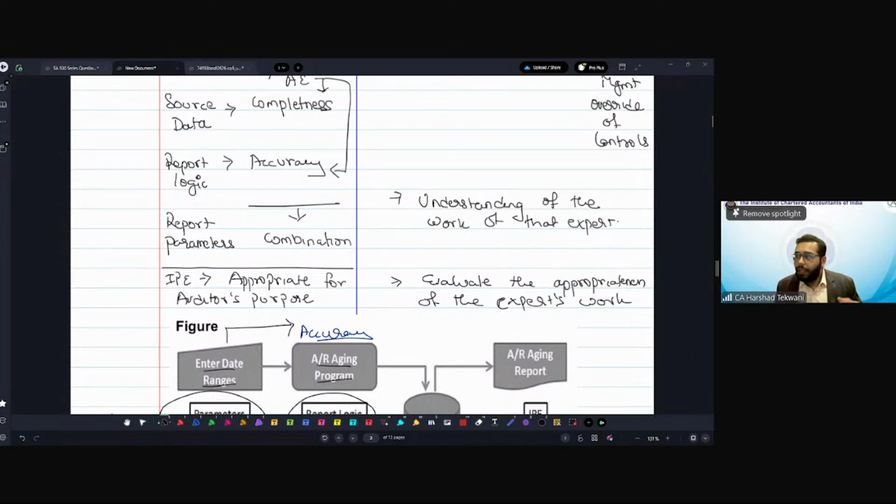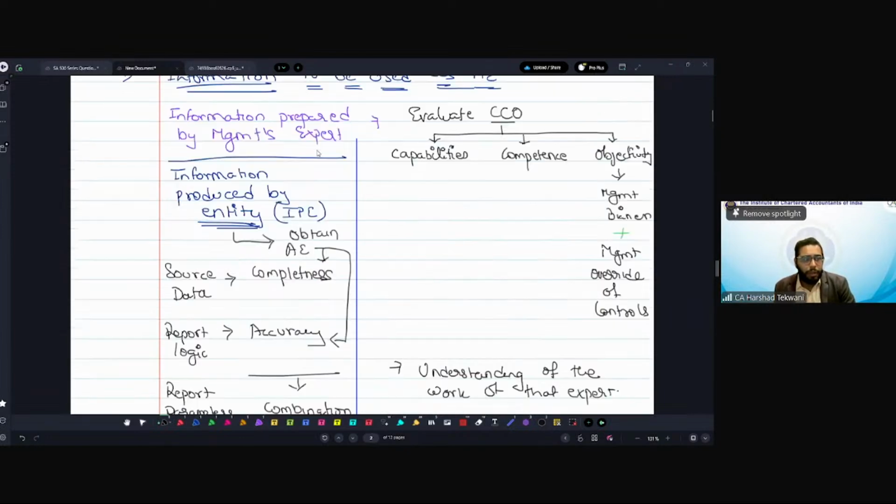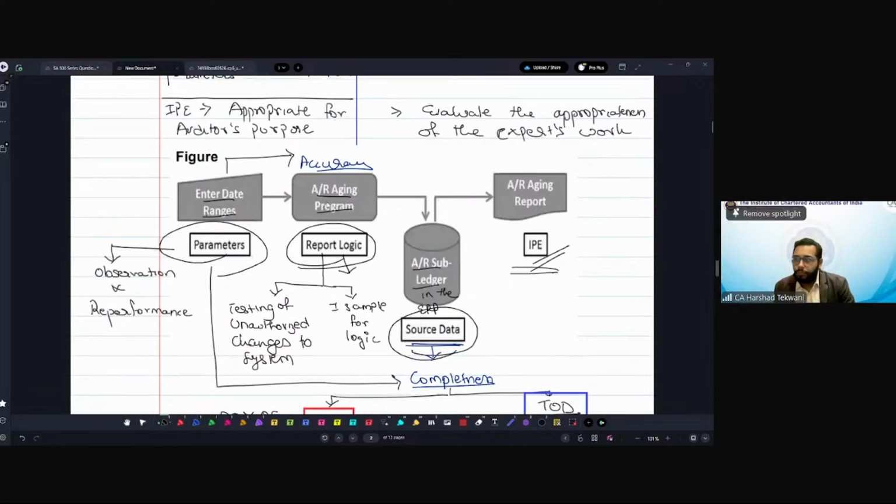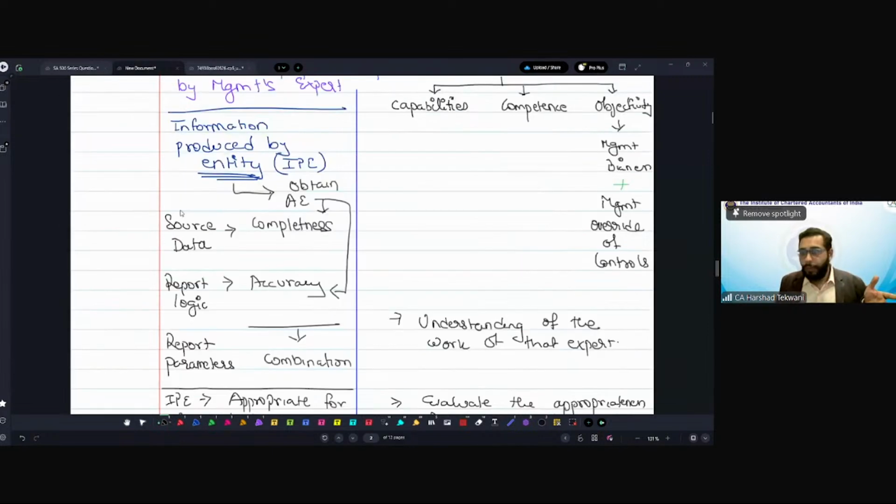That is, the information is relevant and reliable. Clear? Any doubt with respect to this one? Any doubt? No? Okay, great. So that was information produced by the entity.